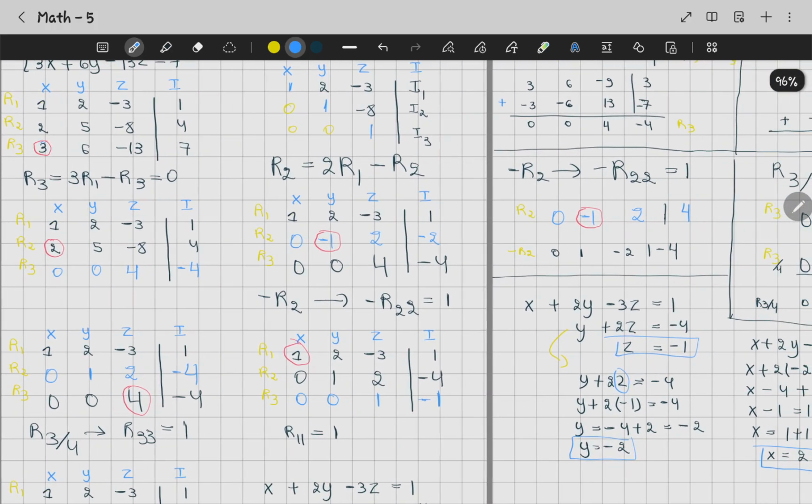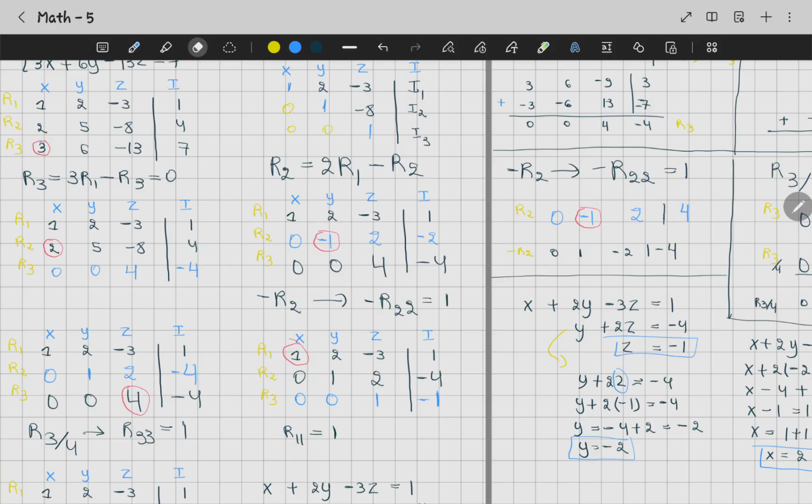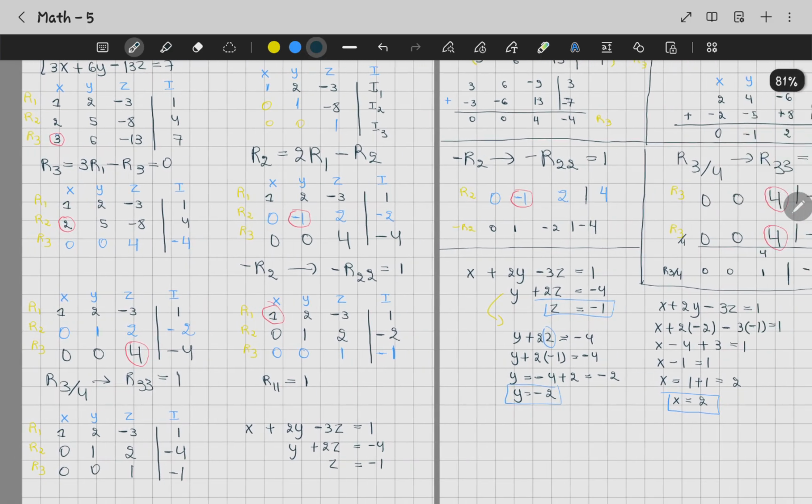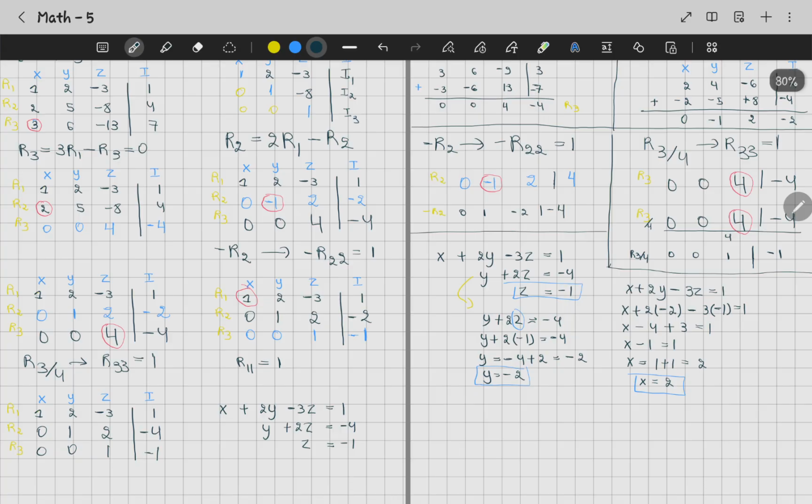Let me modify it; this should be -2, and here we should have -2, and that should be -2.